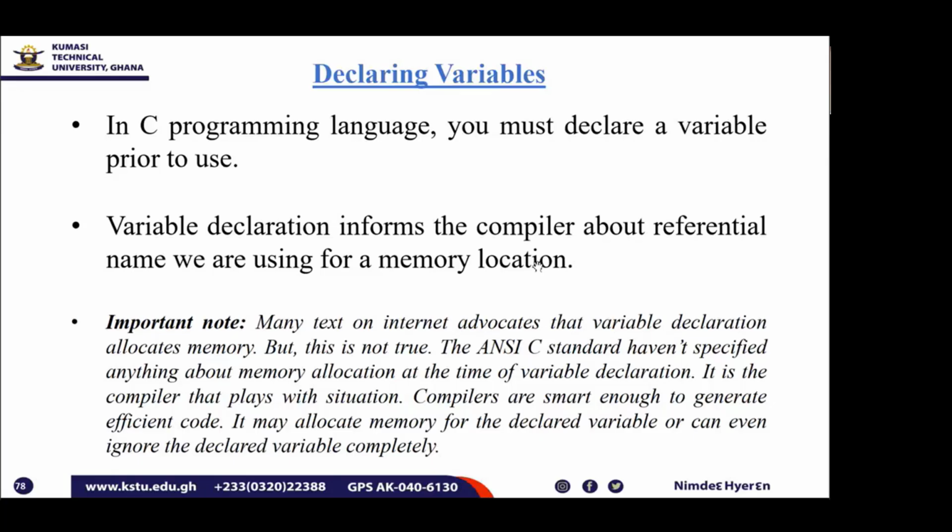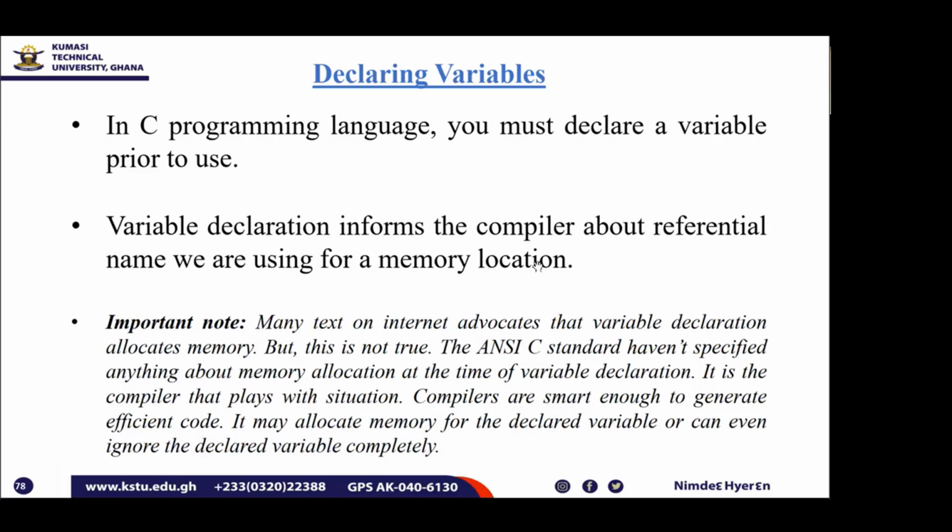Now, in declaring variables, anytime you are writing code and there is a need to use a variable, it is always advisable to declare the variable before it is used. That is why, when we were looking at the assignment operators, c was declared even before its usage, even though nothing was assigned to it.